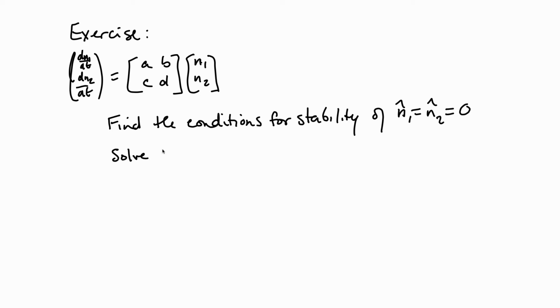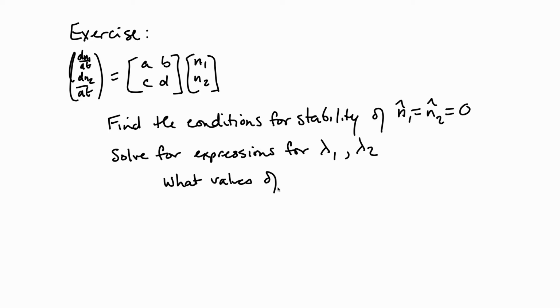So by that I mean solve for expressions for the eigenvalues, of which there should be 2. What values of a, b, c, and d make sure the eigenvalues will be negative?